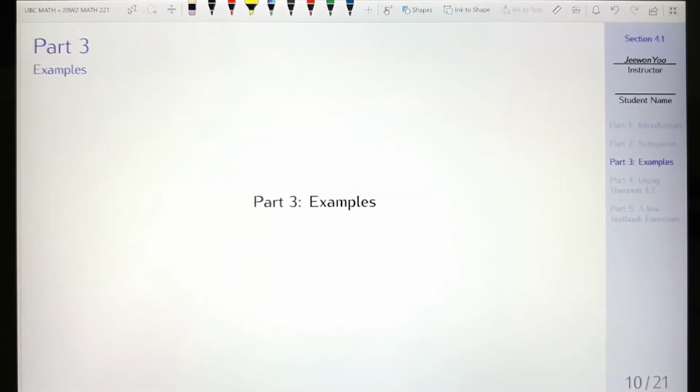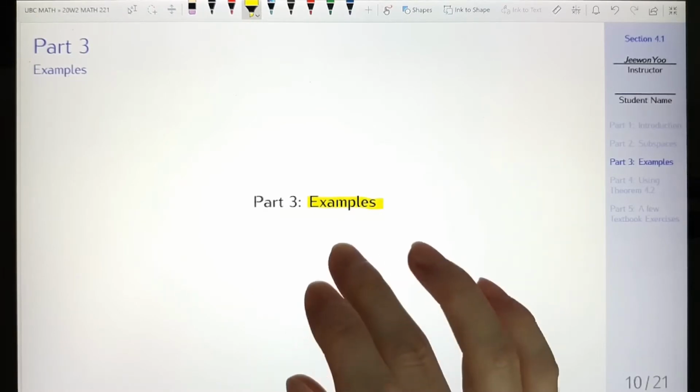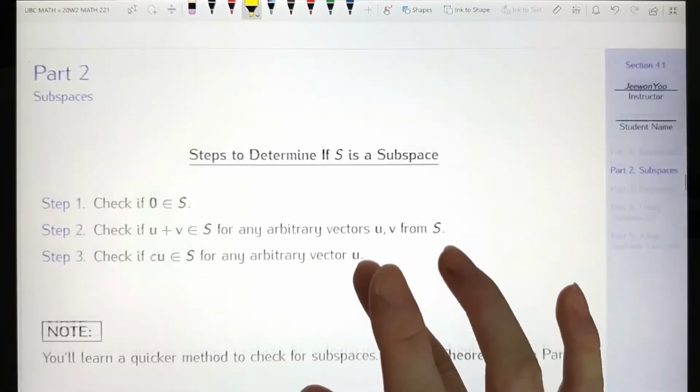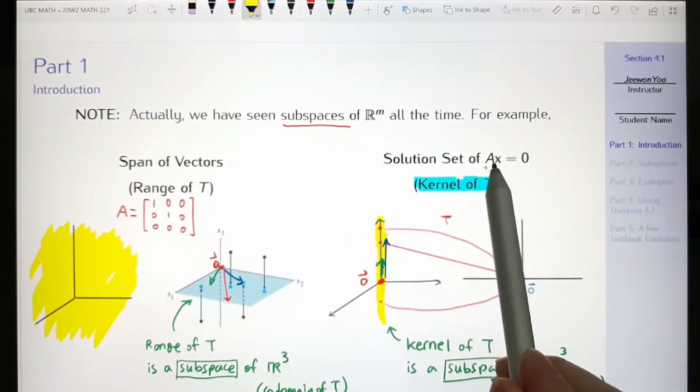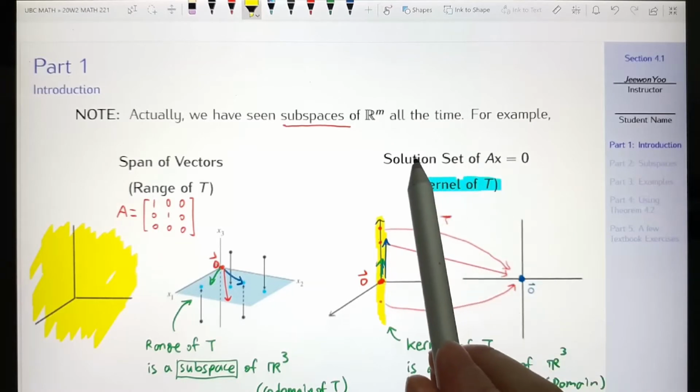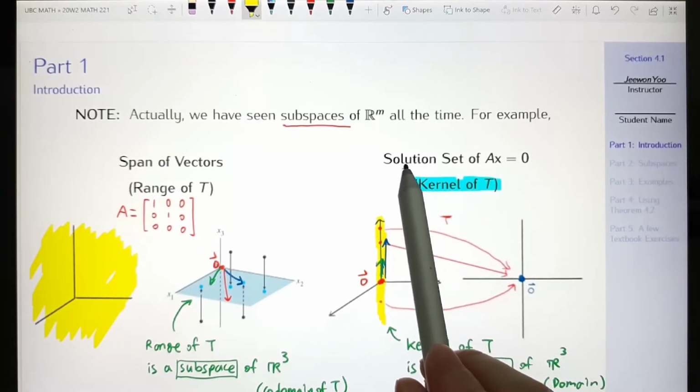Part number 3, examples. The first example is related to something that I mentioned earlier. Do you remember when we talked about this? Ax equal to 0, and then the key word is solution.